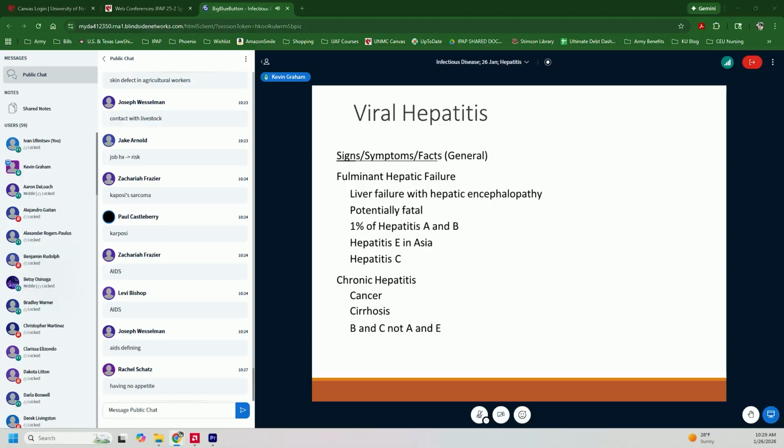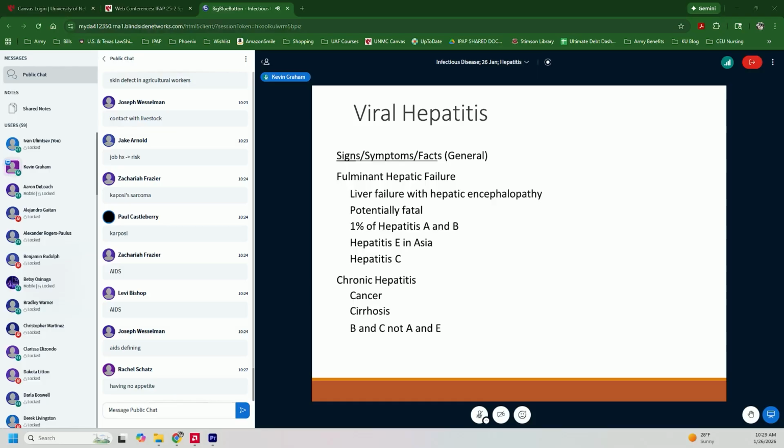This is one of those weird symptoms associated with hepatitis that you'll see in a lot of questions: pale stools, pale poop. What ends up happening is that bilirubin, which is part of bile, instead of being processed correctly and going to the gastrointestinal tract to help break down different particles, just stays in the bloodstream.